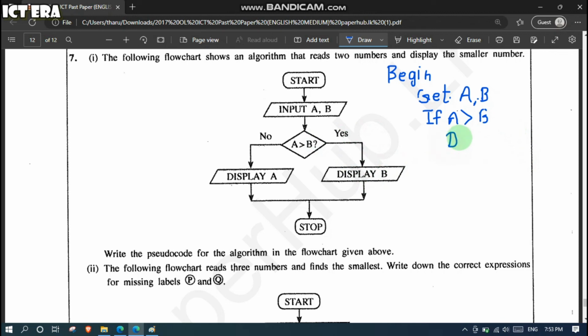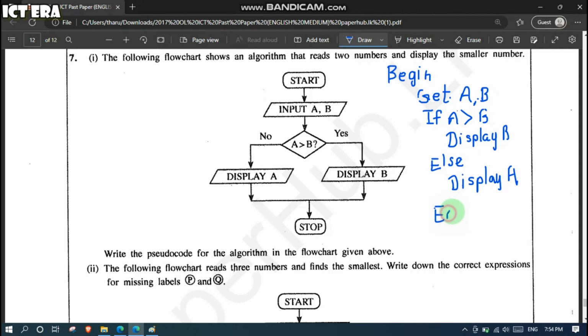Display B. And then another condition is there, else. So I have to write in front of it. So else display A. And then I have to close this end if.